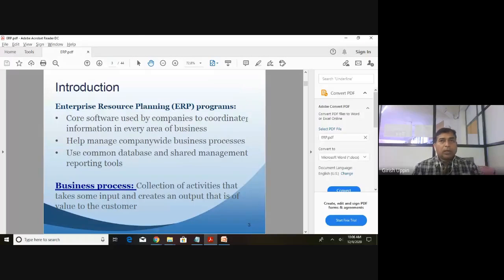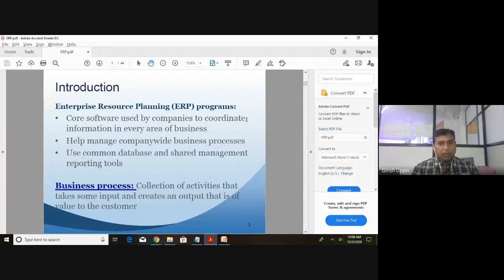Okay, another example, just to understand what a process is, is the admission process for a college. We don't call it a business process, it is a process, the admission process. There are certain things that need to be fulfilled, then your admission will be done.